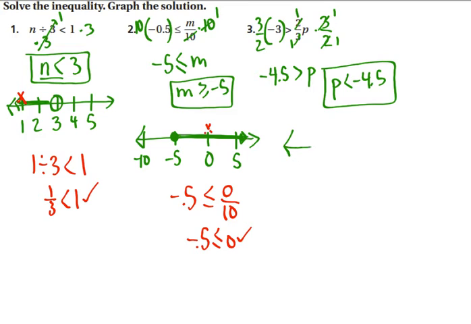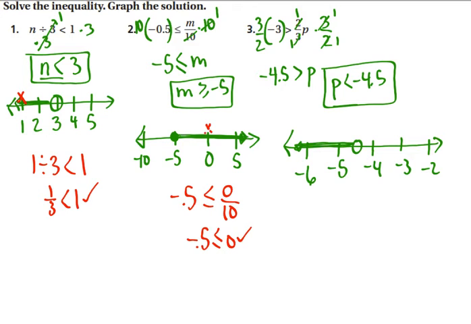And then graphing it, I'm between negative 5 and negative 4. So I'm going to kind of space my number line nicely here. And halfway between negative 5 and negative 4 is negative 4.5. It is an open boundary. And p is less, so we need to draw the arrow towards the smaller numbers. Excuse my hiccup.